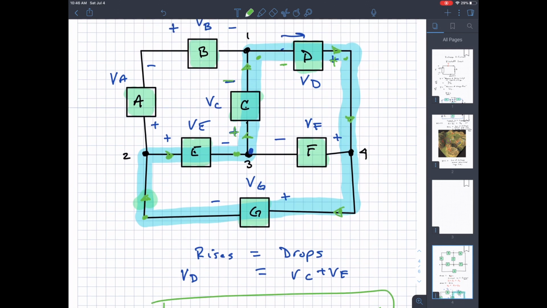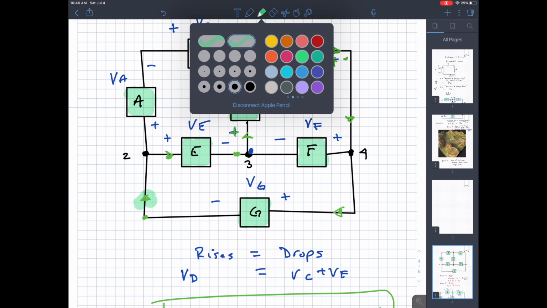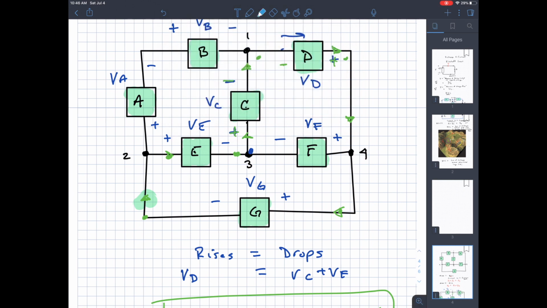For the quiz, let's take a look at writing KVL equations around a different loop. Let's start here and move this way around this loop.